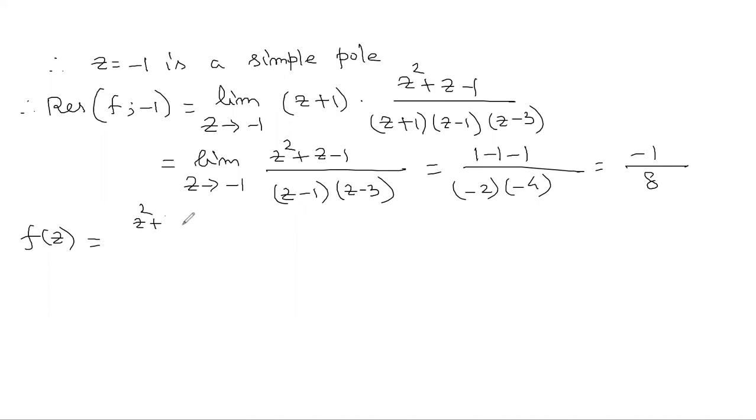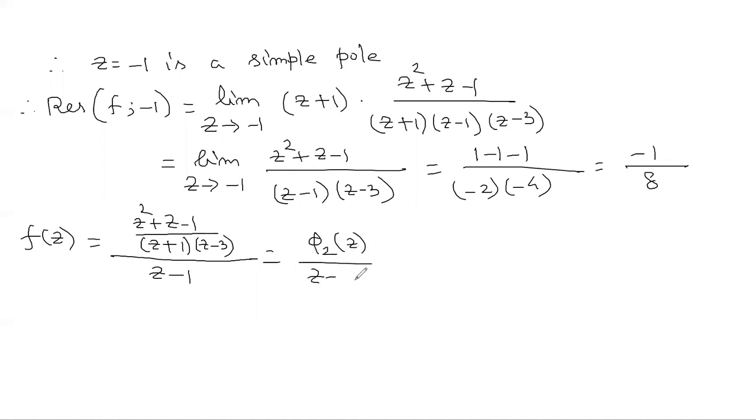Similarly, if we write f(z) as (z² + z − 1) by (z + 1)(z − 3), divided by (z − 1). So the numerator is say phi 2 of z, over (z − 1).